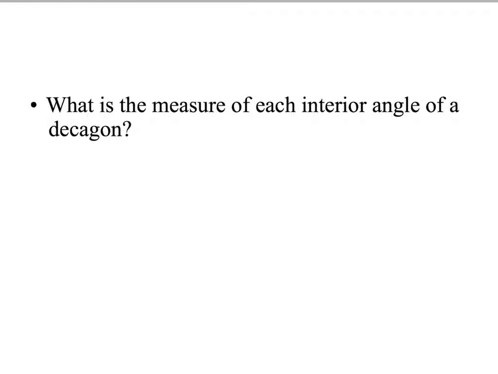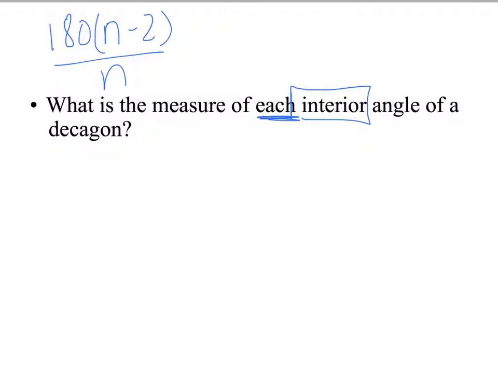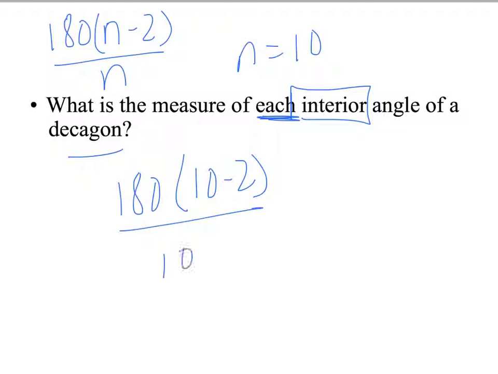What is the measure of each interior angle of a decagon? So again, we're doing 180 times n minus 2 over n. So a decagon has 10 sides, so n equals 10. So 180 times 10 minus 2 divided by 10.